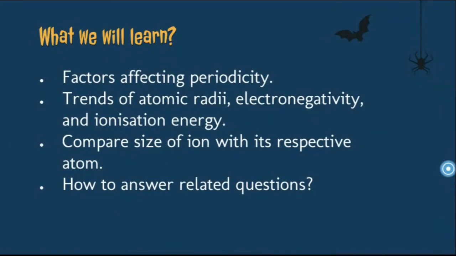And then we will discuss the trends of atomic radii, electronegativity, and ionization energy across a period and down a group. Then we will compare the size of an ion with its respective atom. And then I will teach you how to answer related questions.